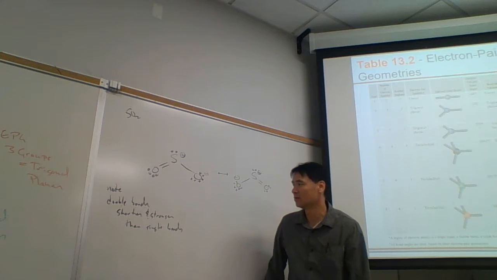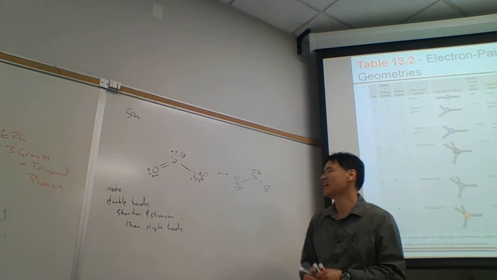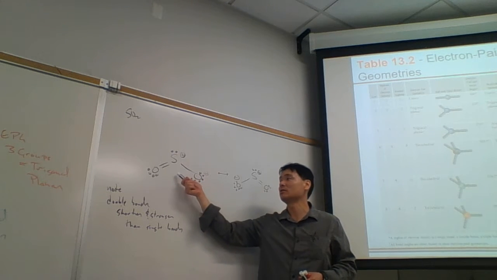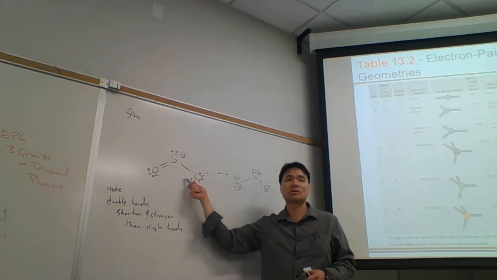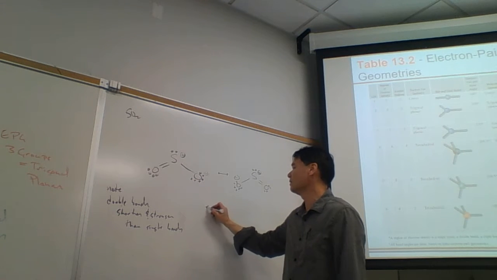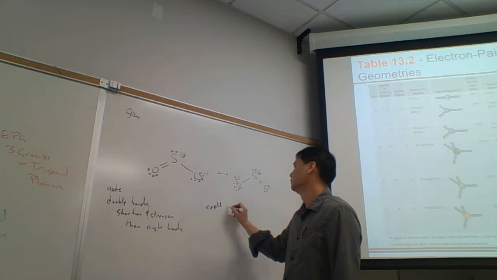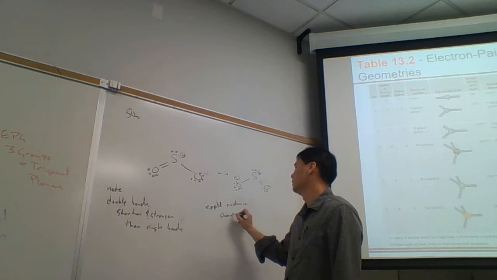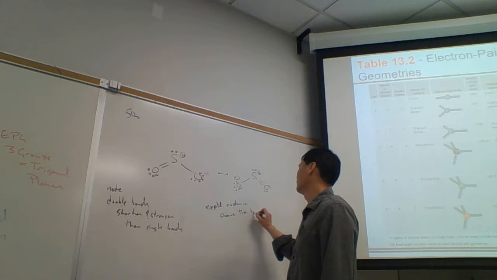The true structure of this is called the hybrid. It turns out that when people measure the bond lengths here and the bond energies, these two bonds are exactly the same. And so experimental evidence shows the two bonds are equivalent.